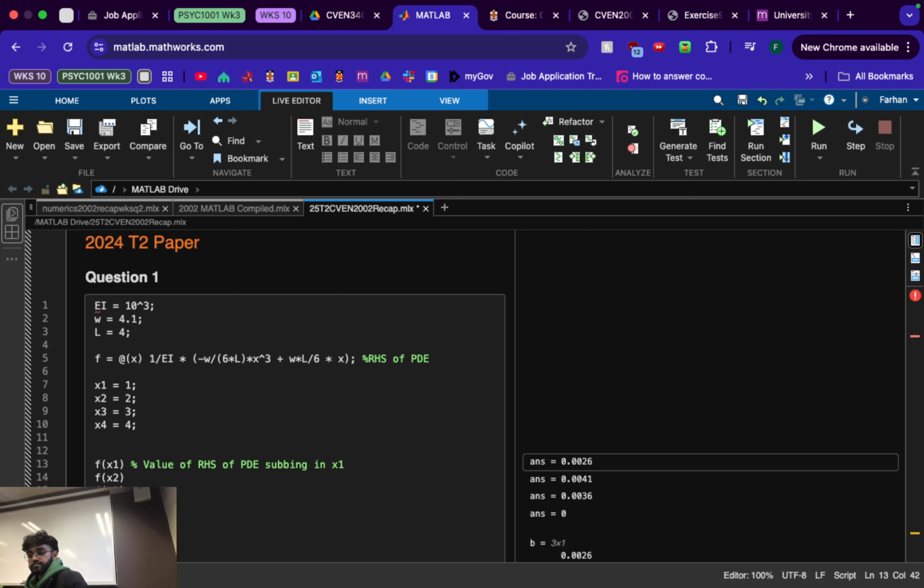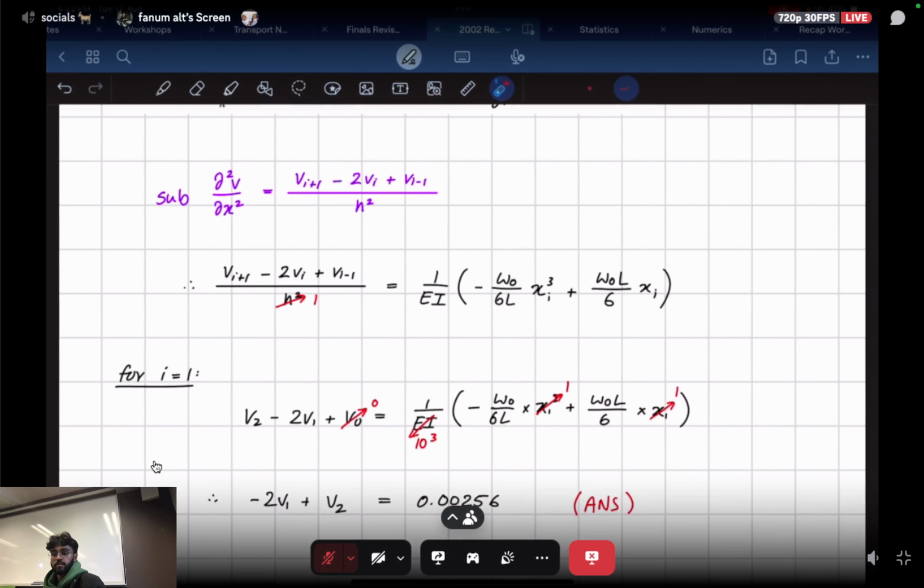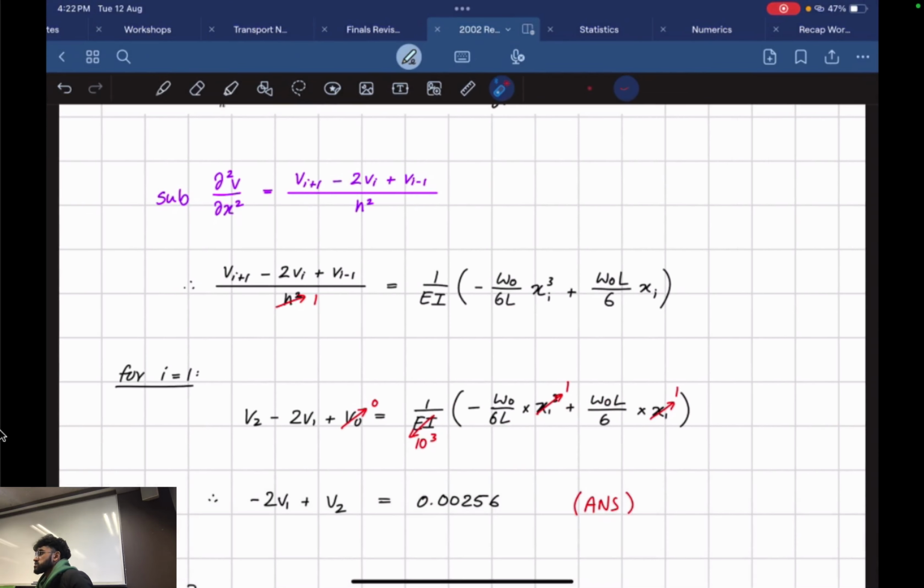Hey, anything else? Would you share this PDF and the MATLAB code with us? Yeah, I can link it in the Google Drive at the end of the session.